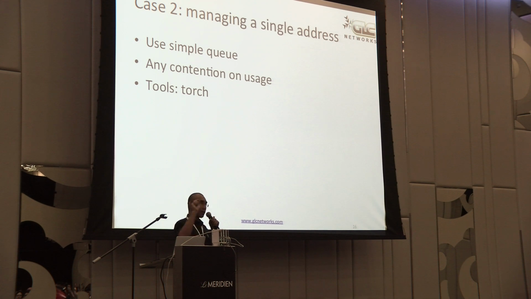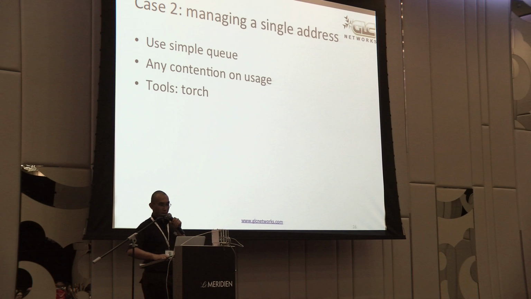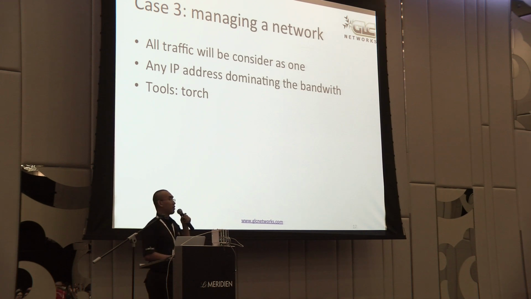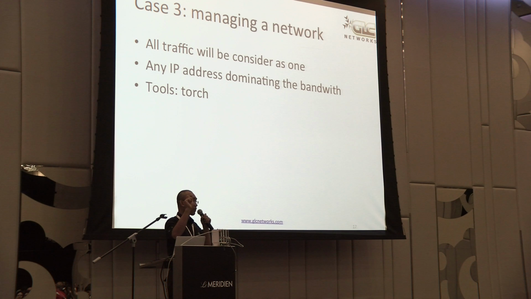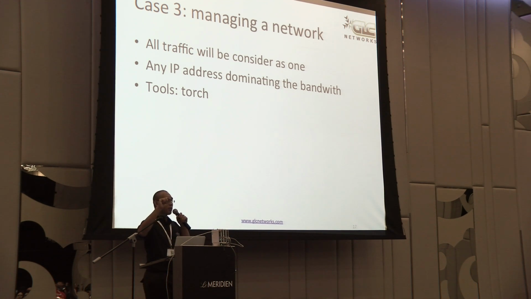Put another IP address, and then here's the bandwidth. And then you can manage bandwidth for the whole network, by putting the network ID and specifying the maximum bandwidth that this network can consume, let's say 1 megabit per second, 2 megabit per second.